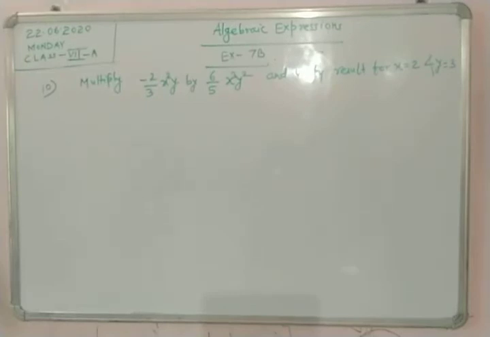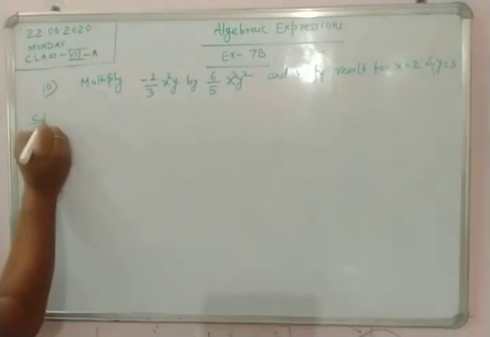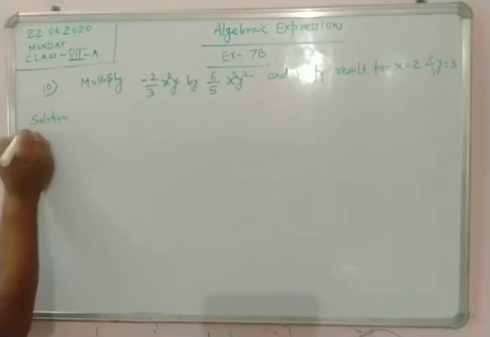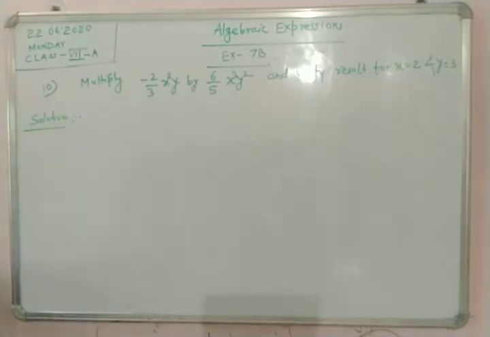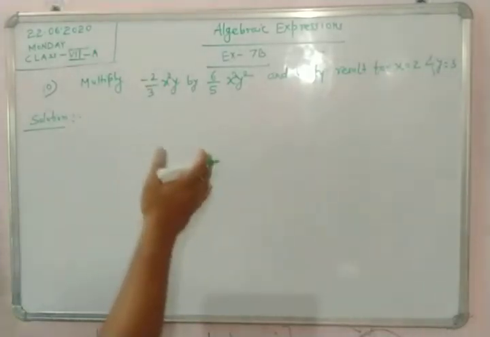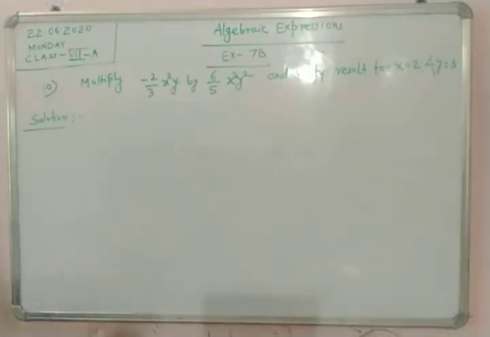First of all, we have to get the product. The solution I am doing. Question number 10 and 11 are the same kind of question. Just follow it up. If you learn this one, you can solve question number 11 very easily.